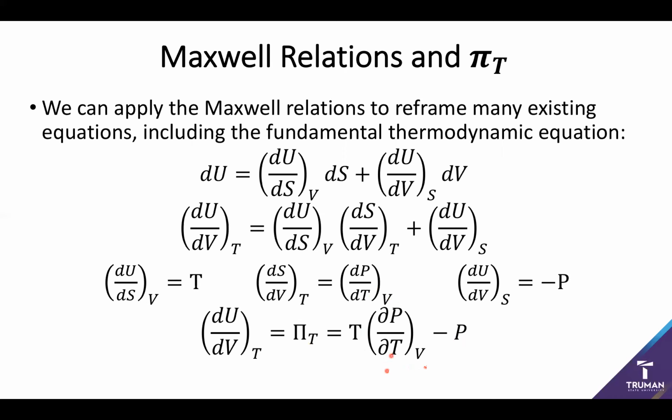So this gives us another tool to help condense and play around with our variables, so I don't have to deal with such messy things as change in entropy, and instead get much more measurable quantities such as change in pressure. So again, Maxwell relationships provide another tool to put in our back pocket.